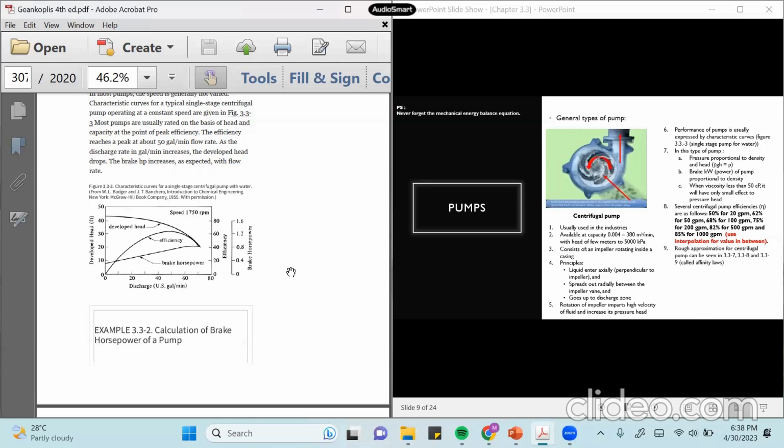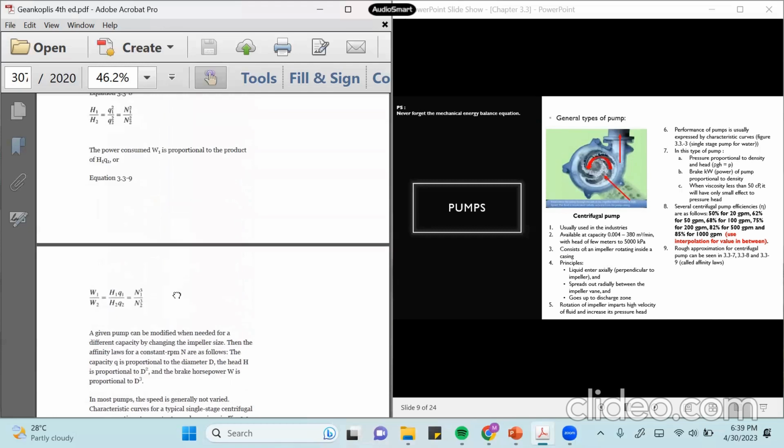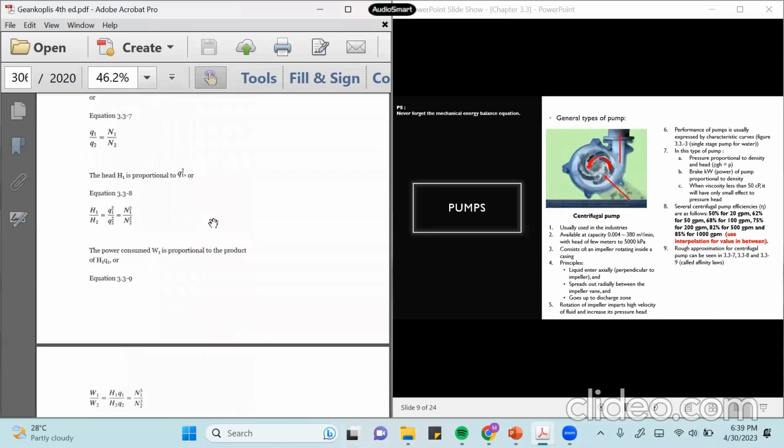Now a rough approximation for centrifugal pumps can be seen in equations 7 up until 9. We call it the affinity law. So if we have two states, then we can have a rough approximation.